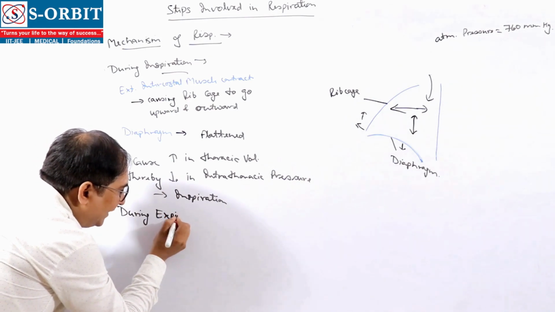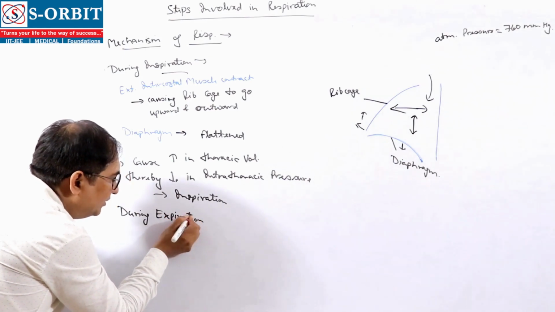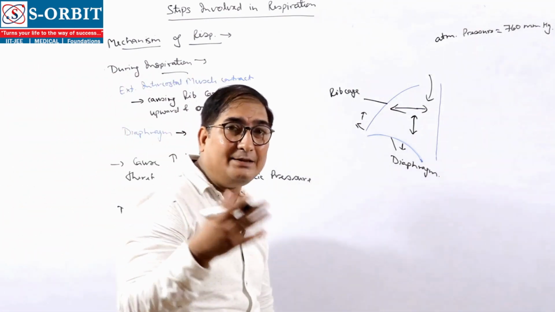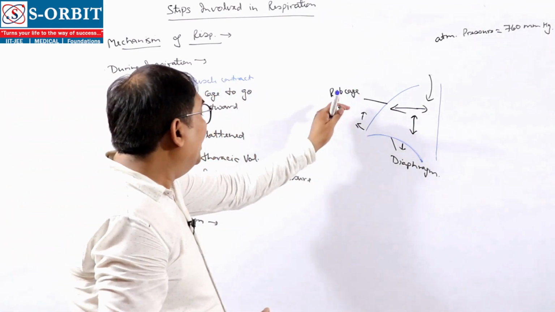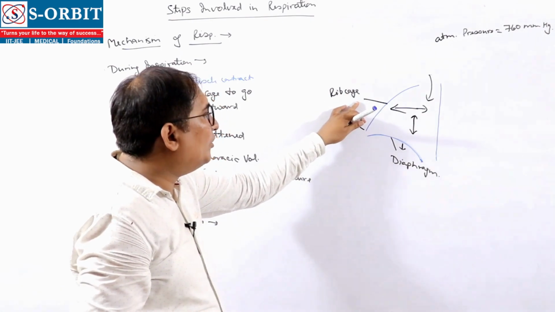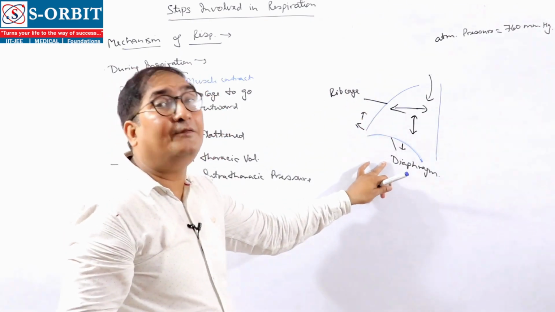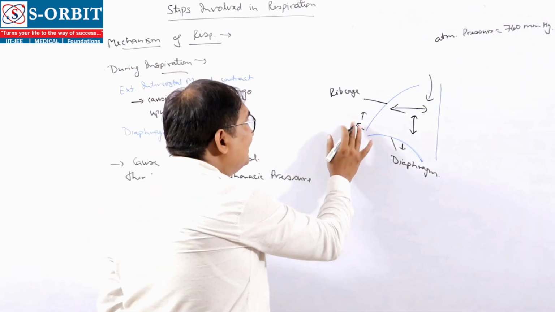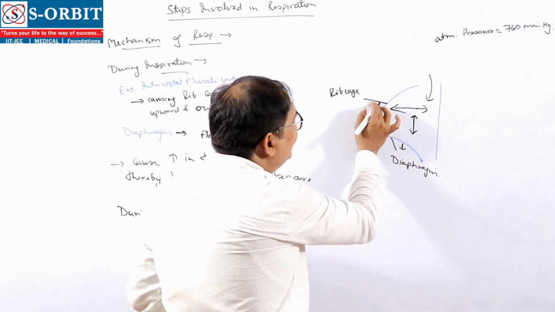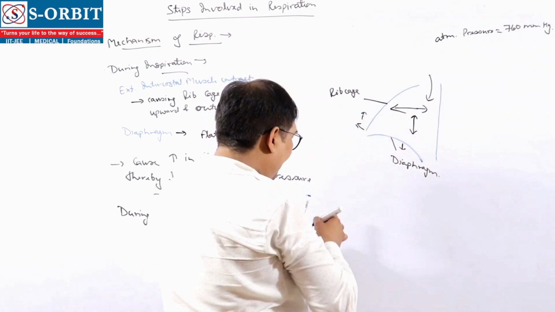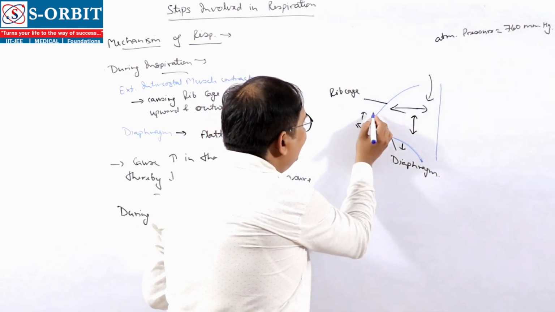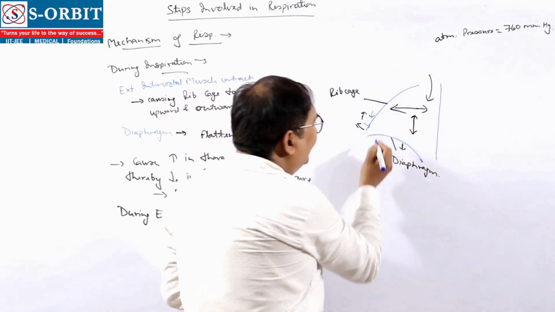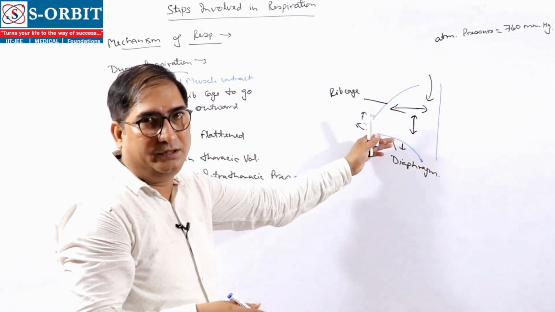During expiration, all of you know that expiration is a passive process. Why? During expiration, the external intercostal muscles and the phrenic muscles of the diaphragm both relax, and as the external intercostal muscles relax, the rib cage comes downward and inward to its original position.